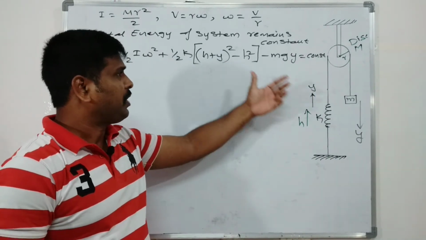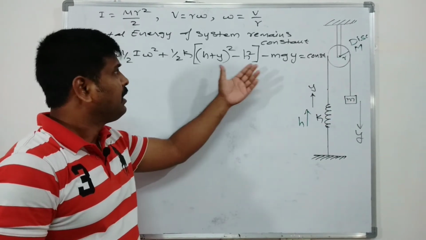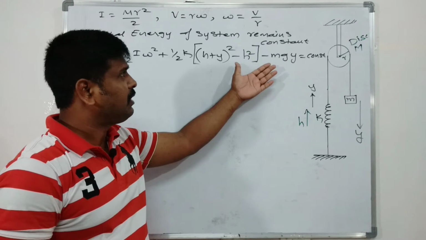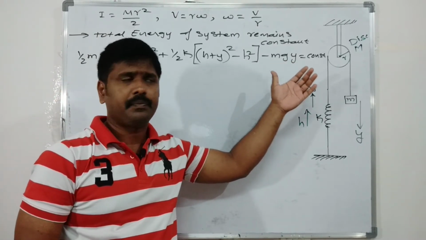So the potential energy converts into what here? Kinetic energy. That's why the potential energy is being lost, and that's why the negative sign is considered.